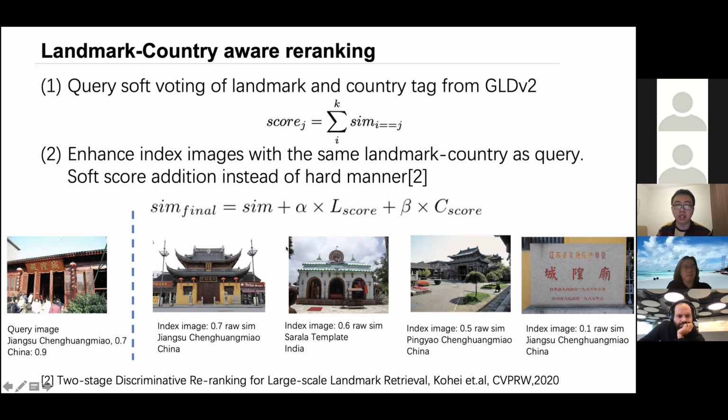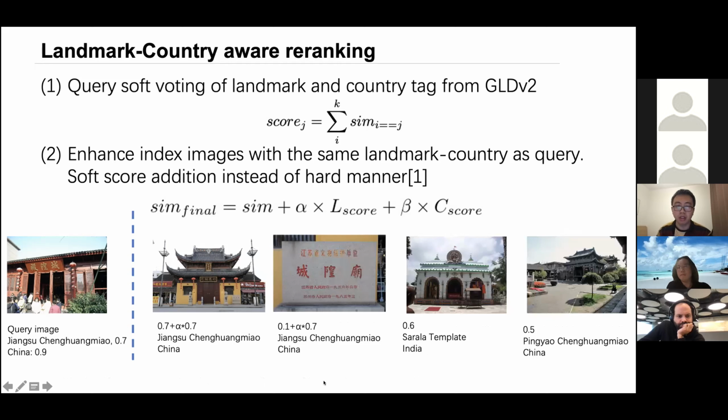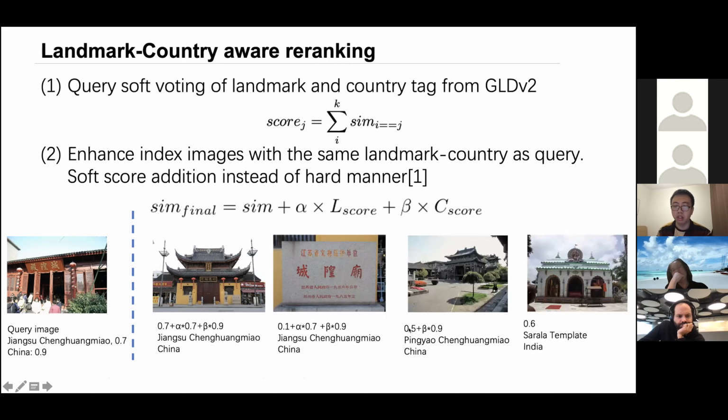So we upvote the images with the same landmarks as the query. Also, for example, this false negative shares a similar appearance, but it has a different country, so we give it no re-ranking scores.